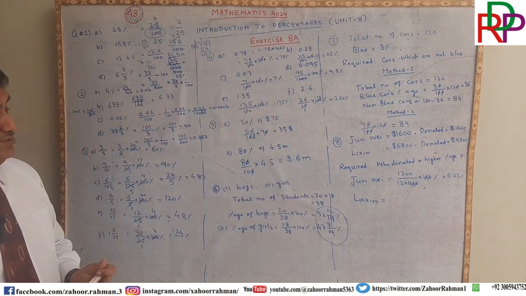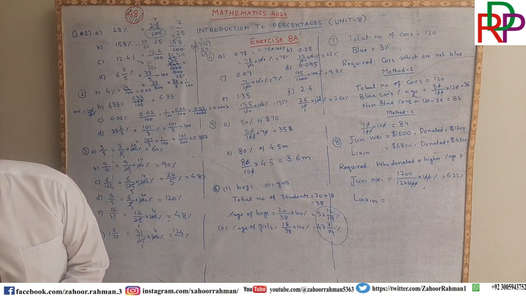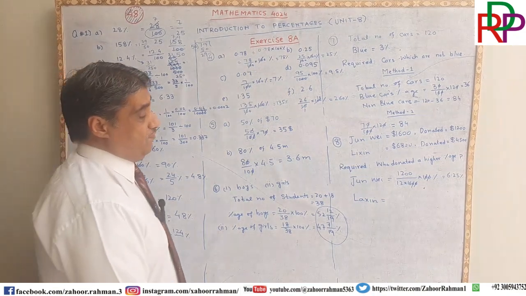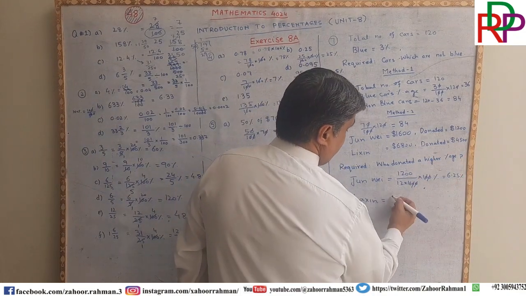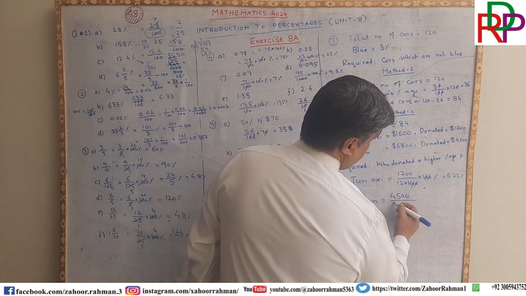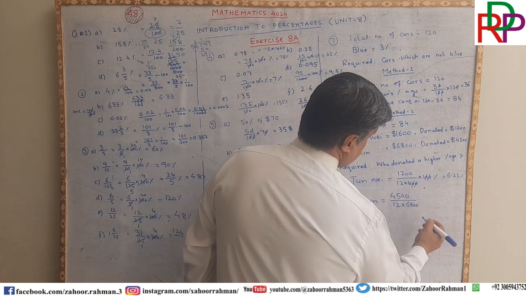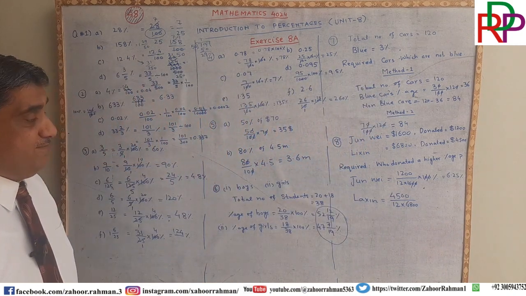Now let us come to Lexon. Her donation is also in 12 months. So 4,500 divide by 12 into 6,800.